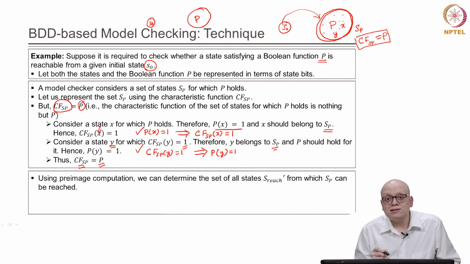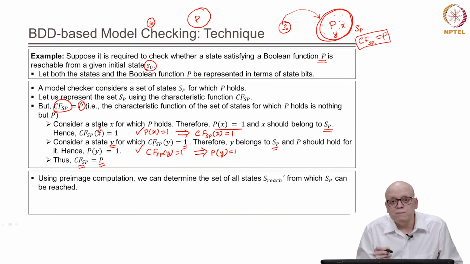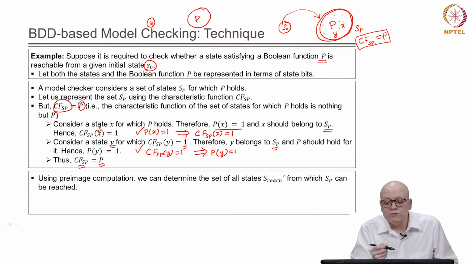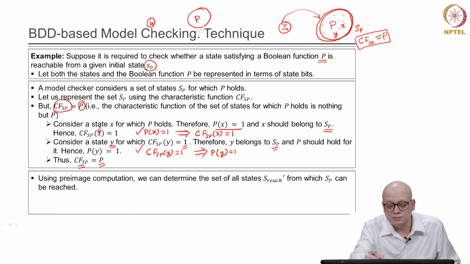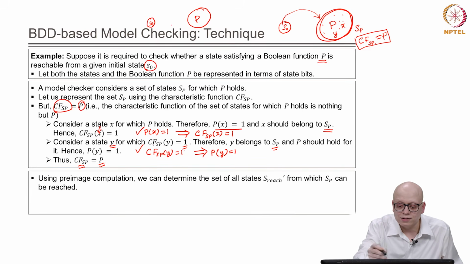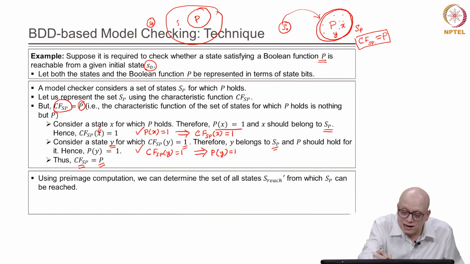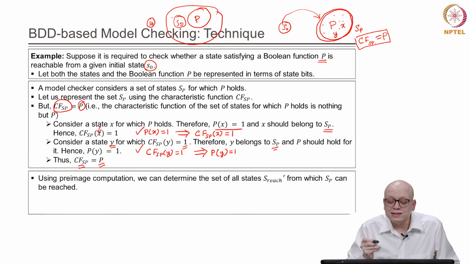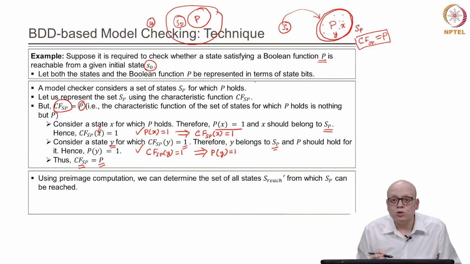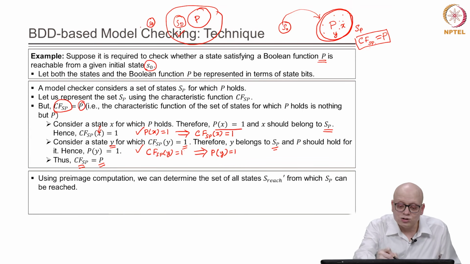Now, if we ask for the set of states from which P is reachable, it will expand and we get this set. If S0 is within this set, then we can say that this property holds, and if it is outside this set, we can say that it does not hold.